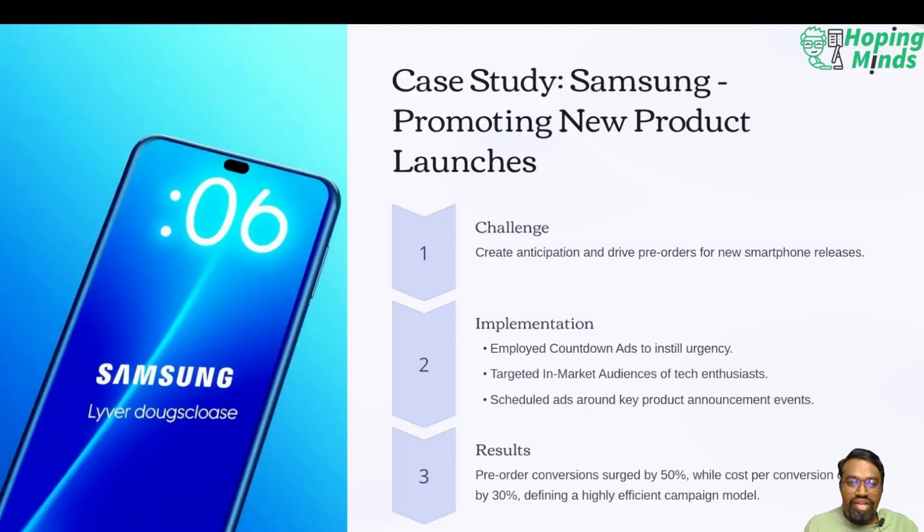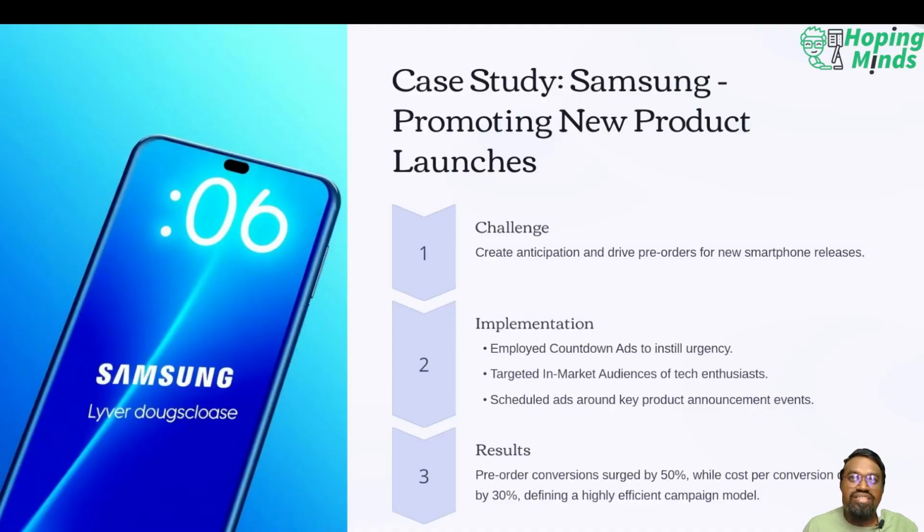Now, what they did, they implemented some backend strategies along with the ads, right? They employed countdown ads to instill urgency. They will discuss the product features which might be new in the market. For example, AI, right? AI is a big new thing in the market right now. So they have implemented AI in their devices, right?